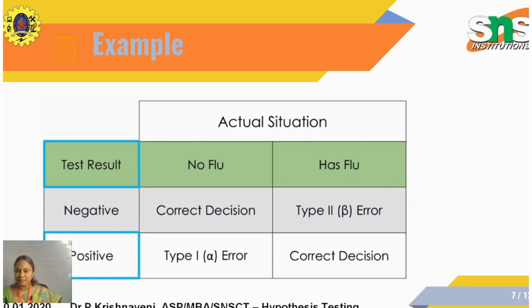If we have COVID but we get a negative result, this is very dangerous. And also, if we don't have COVID but we get a positive result, this is also an error. Of these two errors, type 2 error is more dangerous than type 1 error. The reason is, if we have COVID, we should isolate ourselves and not spread it to the public.